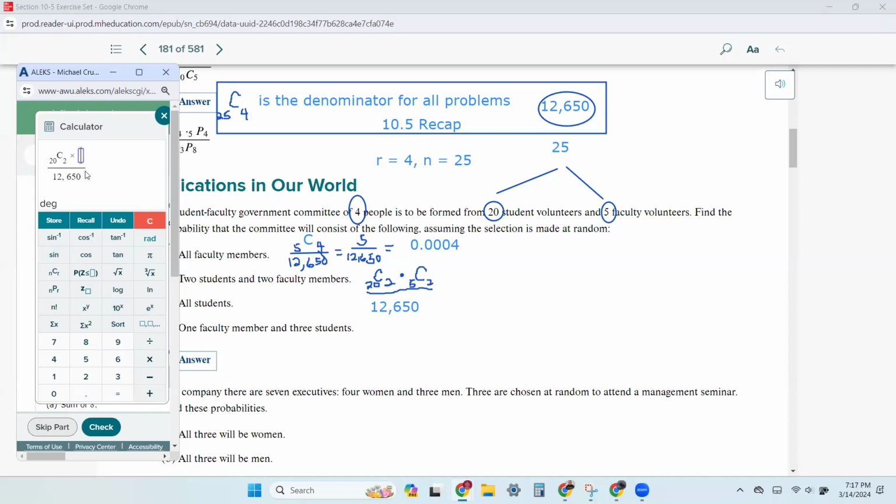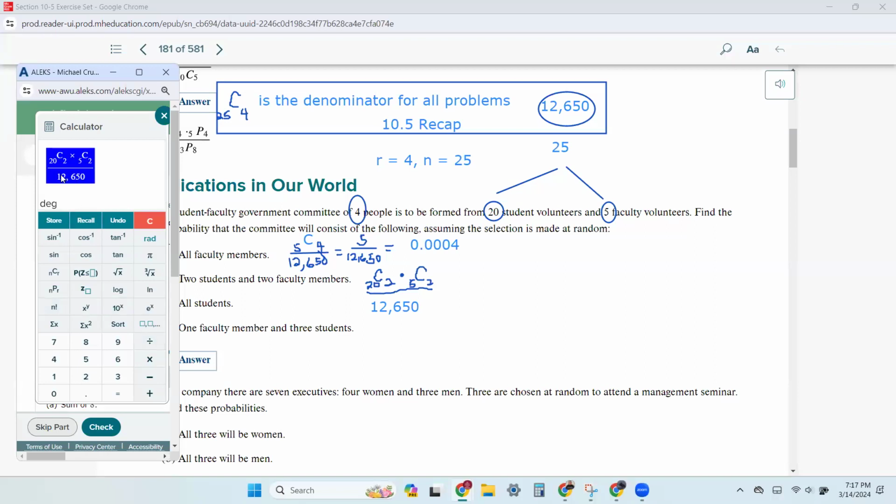Because if you put the whole thing in first, unless you use parentheses, it's going to only divide the second one. So this is 5C2 too.